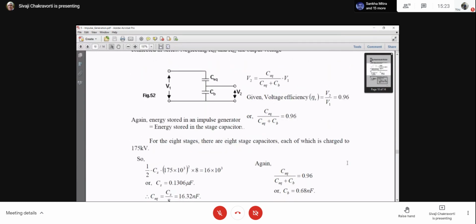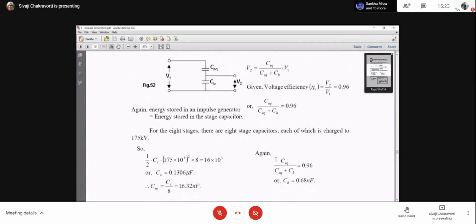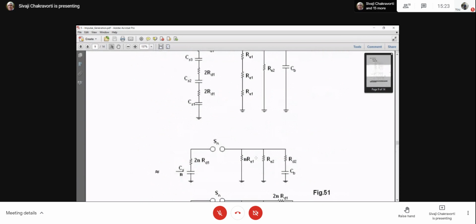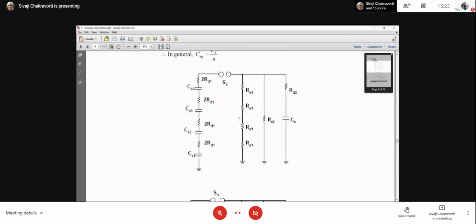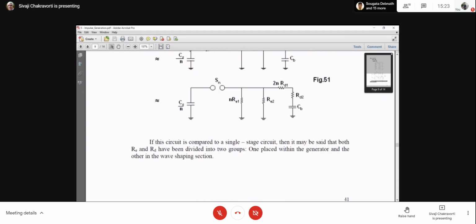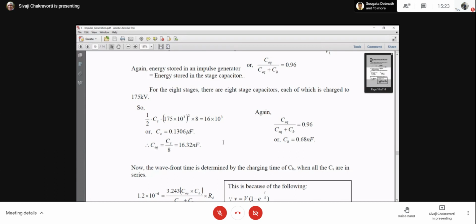Fine. Then for the 8 stages, there will be 8 stage capacitors, that means these capacitors here. There will be 8 such capacitors, and the charging voltage is 175 kV. So half CV square into 8, the 8 capacitors all charged up to 175 kV, is equal to 16 kilojoule. So what we get?